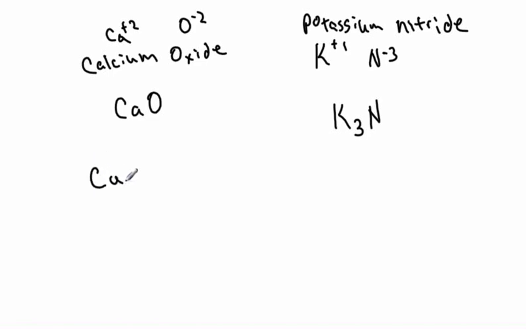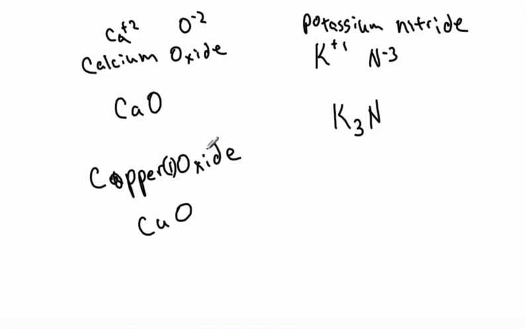Let's do copper and who else? Let's put copper with oxygen. So copper oxide. Alright, so we're just going to write Cu. We know oxide is O. I messed up. Copper 1 oxide. I have to include the Roman numeral there to tell you.